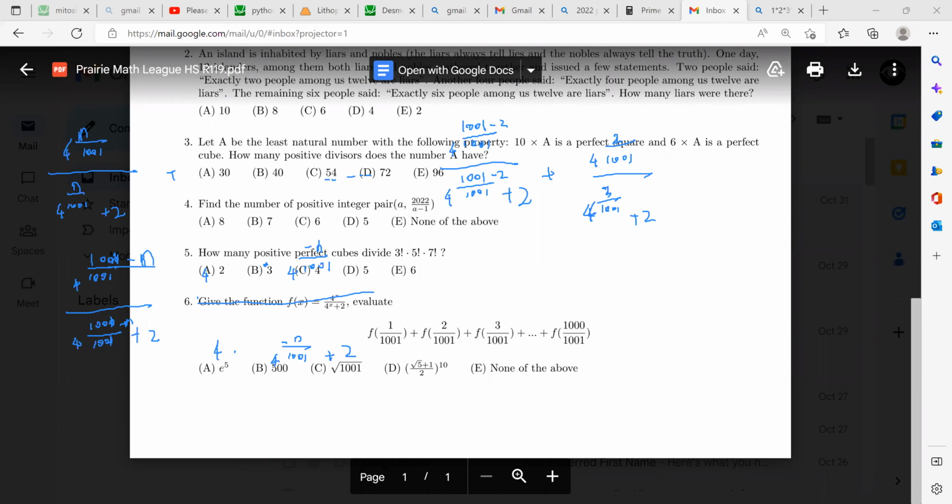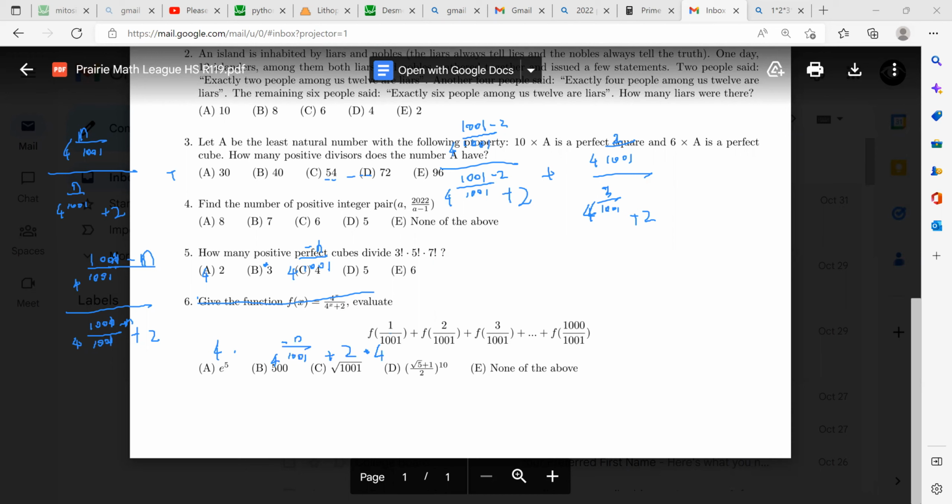plus 2. Now this 2 is kind of a problem, because what you want to do is cancel out this term, and since the 2 is here, you can't really do that. So let's just rationalize this. Actually, it's not rationalized, but you know what I mean. Just multiply this on both sides.